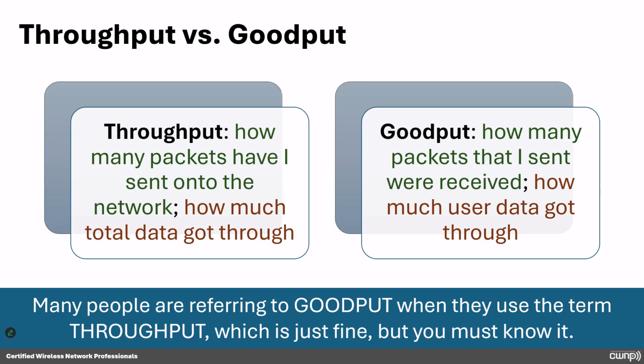To give you an example, technically, when you get down to the nitty-gritty details, if you mean by throughput things that got through to the end, when you send information, it got from you to the target end device, if that's what you mean, then your definition of throughput is this first definition of goodput. But there's a technical definition of throughput that is referring to what am I pushing out of my device?